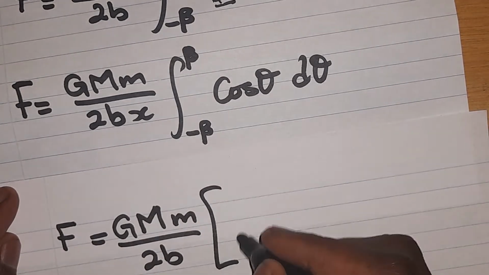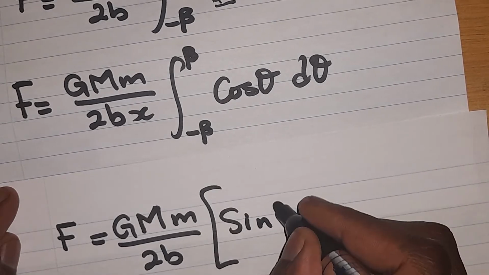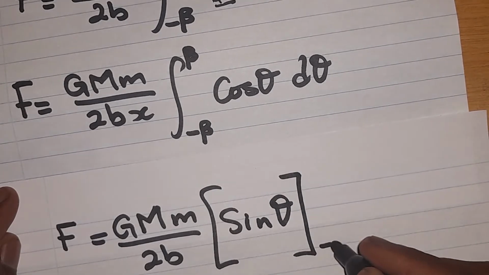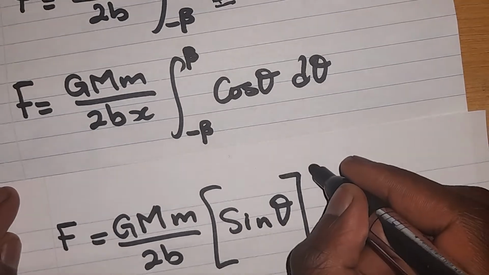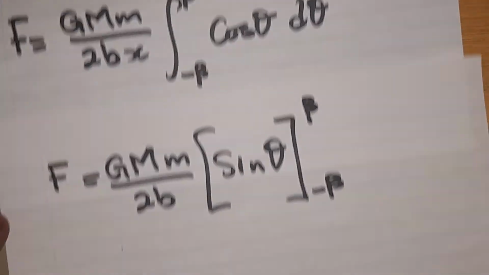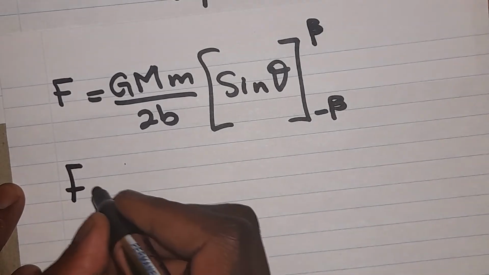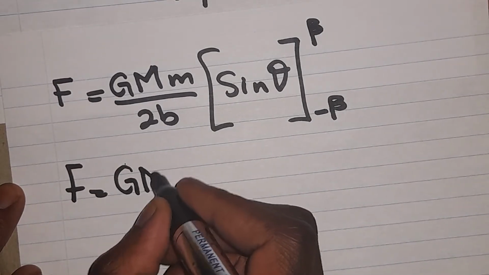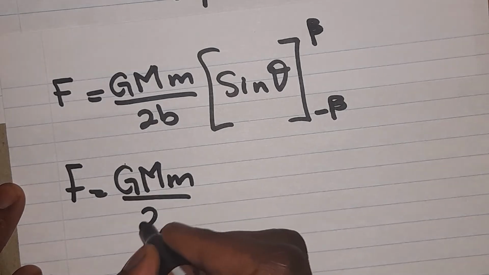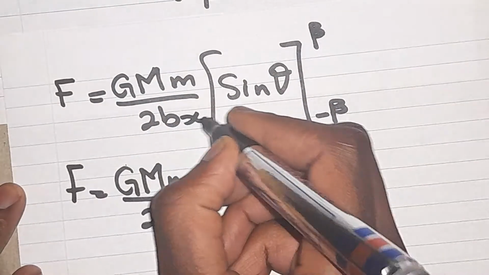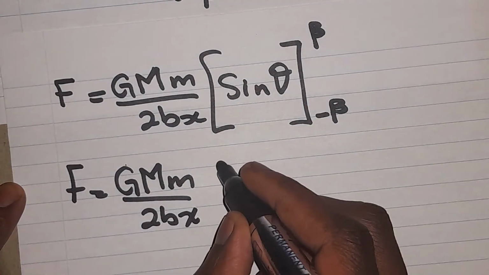So the integral of cos is sine theta. Our limits of integration are from negative beta to positive beta, right? Then if we substitute our limits of integration, we'll have F equal to G capital M small m all over 2bx. We have x here, don't forget that x.